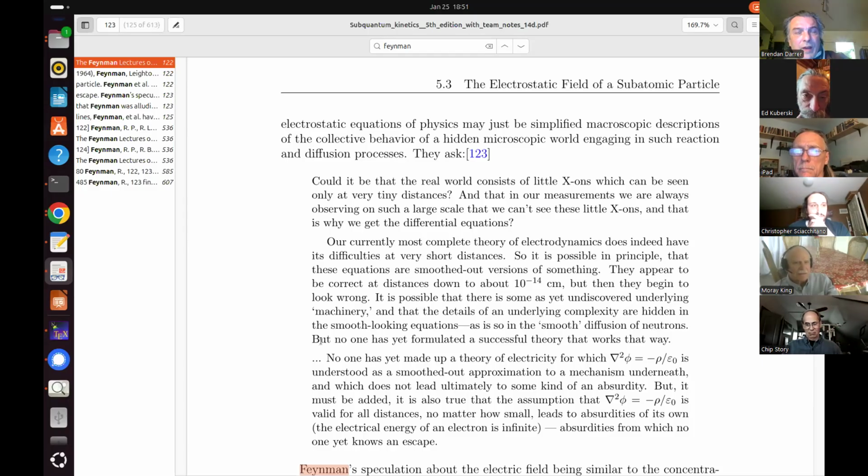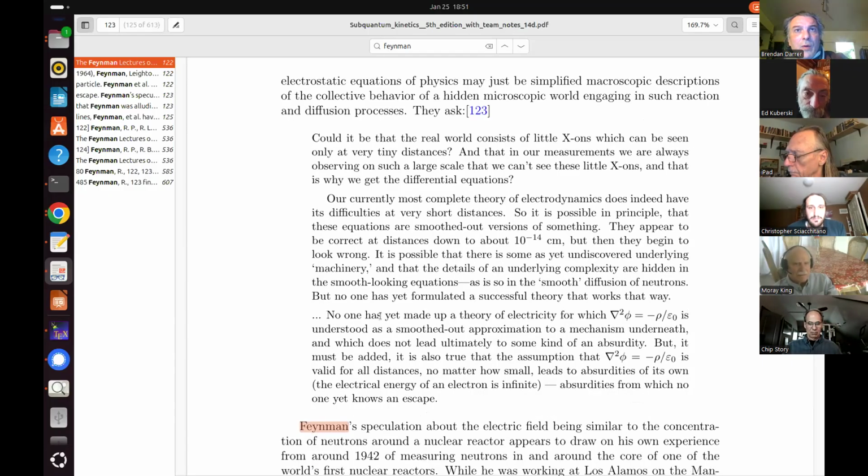Because Feynman was studying the diffusion of neutrons in a nuclear reactor in the 1940s. But no one has yet formulated a successful theory that works that way. No one yet has made a theory of electricity for which del squared phi equals minus the charge density over the permittivity of free space is understood as a smoothed out approximation to a mechanism underneath, and which does not lead to some kind of absurdity.